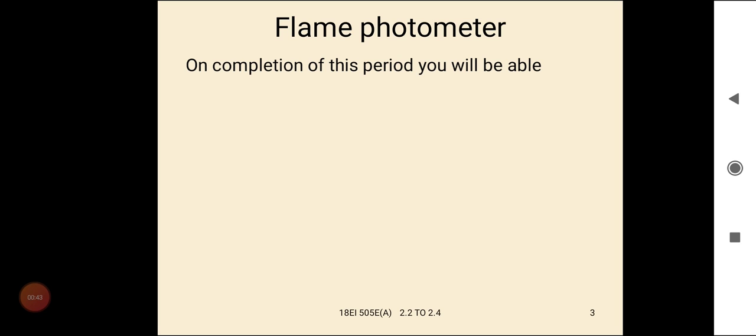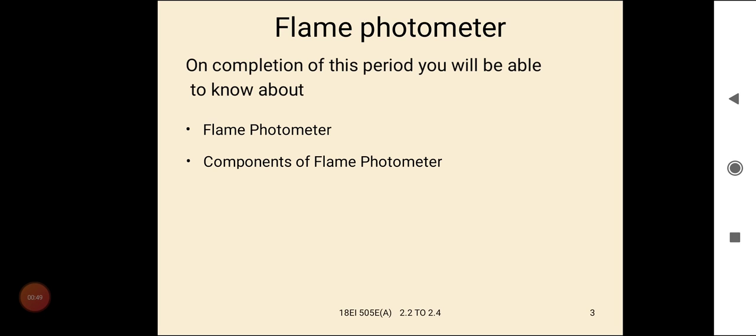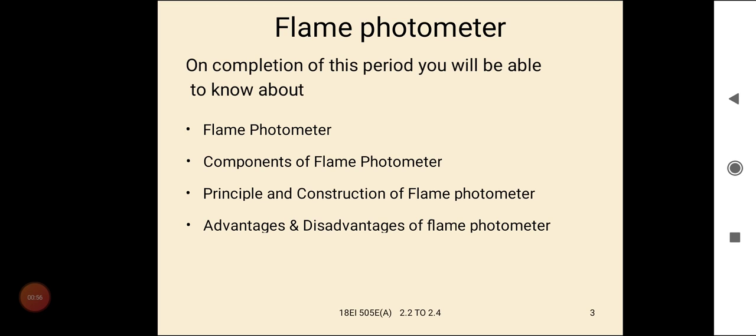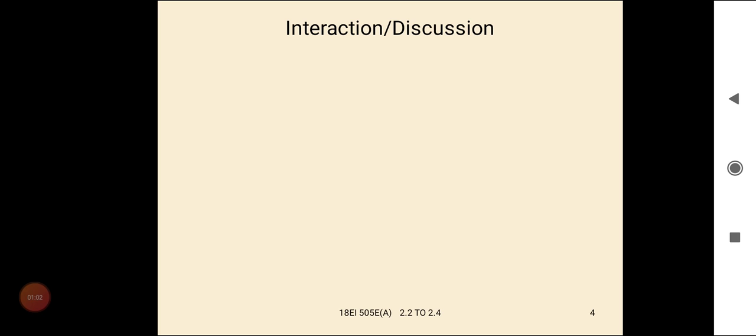On completion of this period, you are able to know about flame photometer, components of flame photometer, principle and construction of flame photometer, advantages and disadvantages of flame photometer, applications of flame photometer.